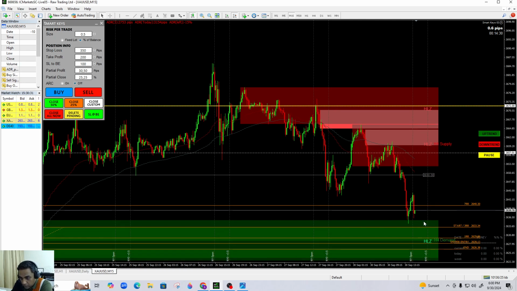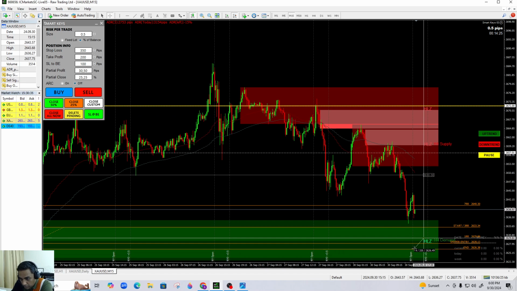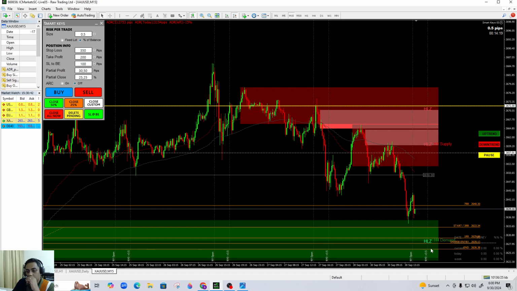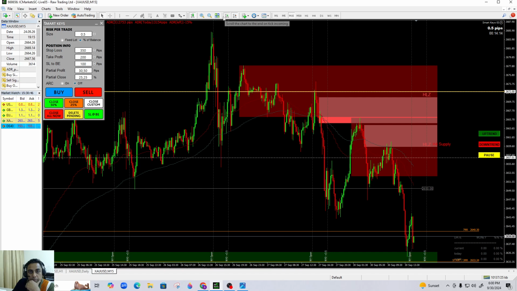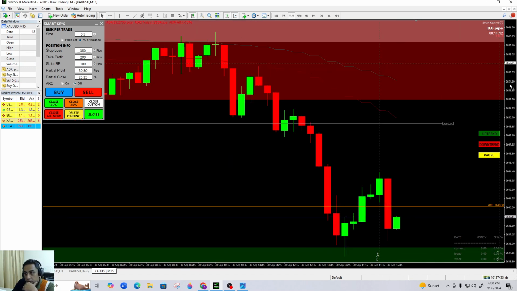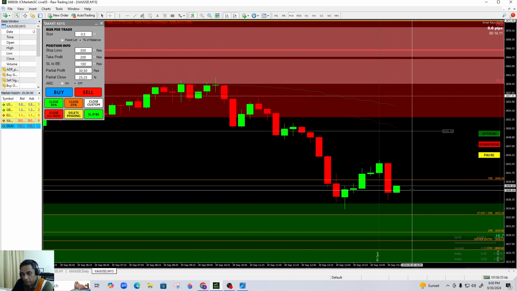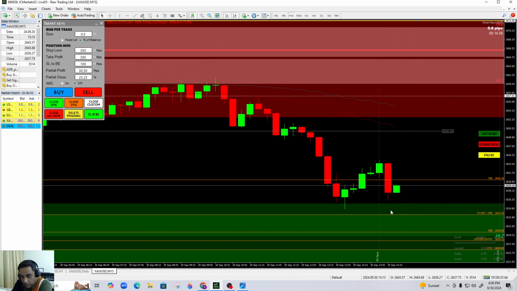Okay. Yeah, about a 30 pip. If we get here, it's about a 30 pip stop loss. That's right inside that high liquidity zone. I'm going to pay close attention to that area when price gets down there.